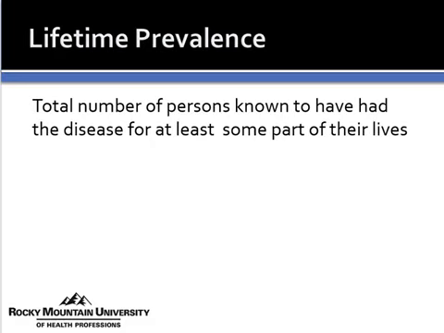Other prevalence measures that you might see within the research include lifetime prevalence, this being the total number of persons known to have had the disease for at least some part of their lives. I've seen, for example, lifetime prevalence of low back pain being 80%.